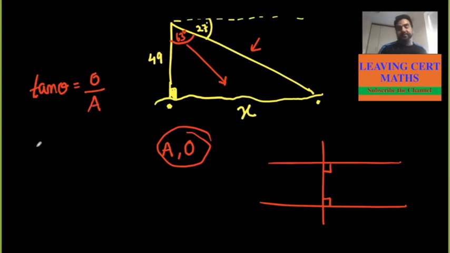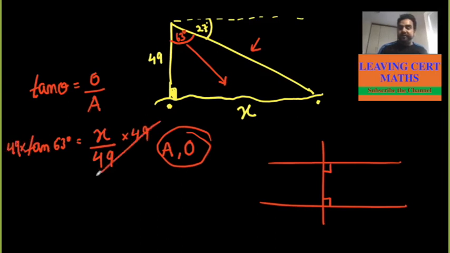So tan 63 degrees is equal to opposite, your x, over 49. To cancel 49, because we want to isolate x, you have to multiply both sides by 49, same as the previous question. So this and this cancel out, and you will get x equal to 49 multiplied by tan 63.